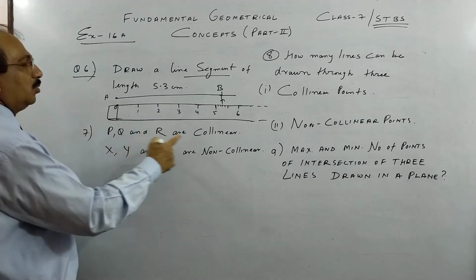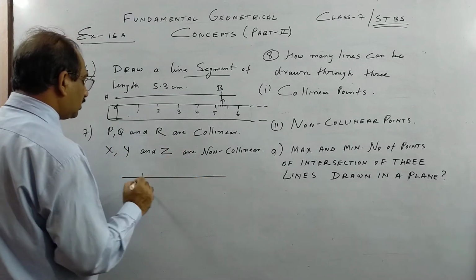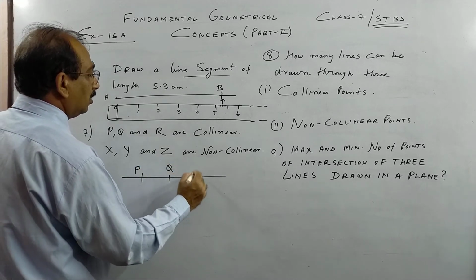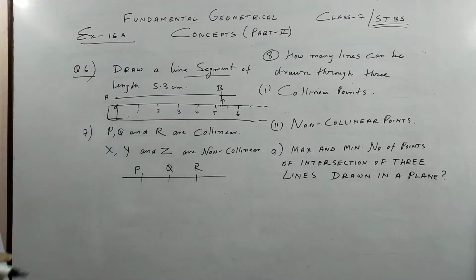Now next, P, Q, R are collinear points we have to draw. So collinear, children, means all the points are in one line, P, Q, R. So the question is, mark 6 points P, Q, R, X, Y, Z such that P, Q, R are collinear and X, Y, Z are non-collinear.